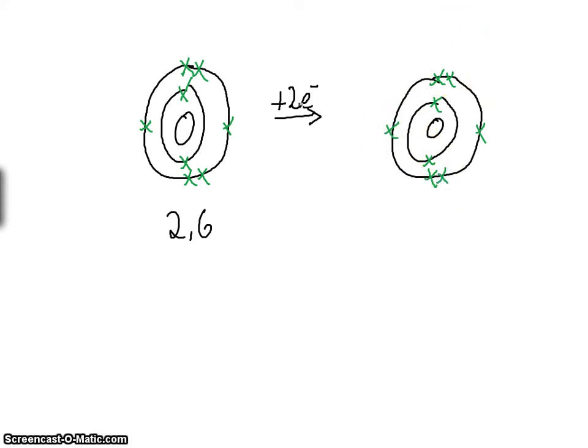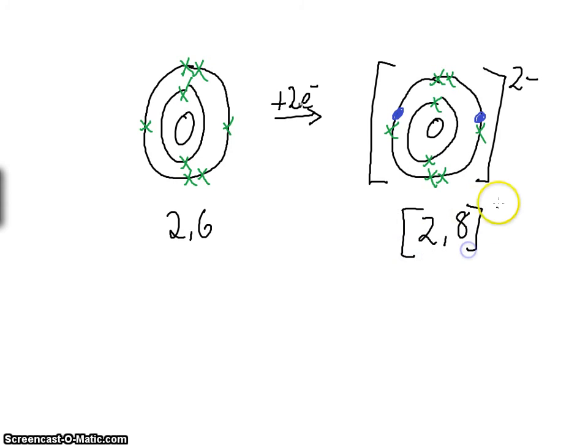And it's now picked up the 2 electrons from somewhere else, and so we indicate them as a different picture. Our electronic structure now is 2, 8, and because this whole thing here has got a 2 negative charge, we show here on the electron structure it's got a 2 negative charge as well.